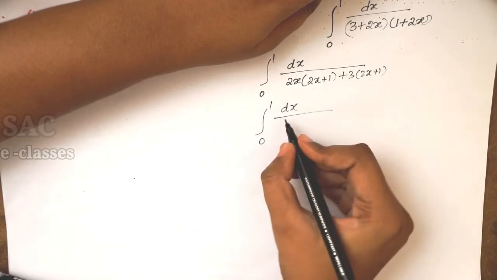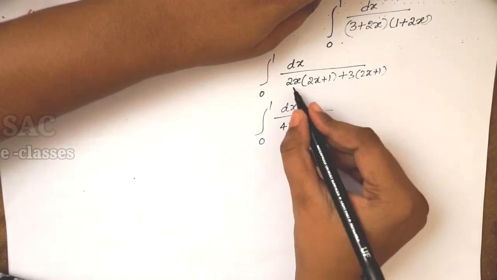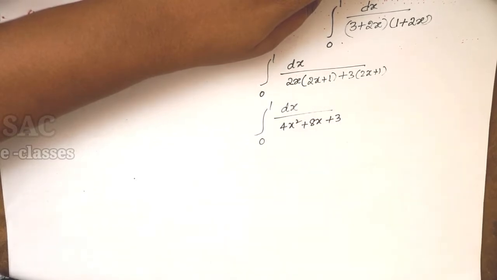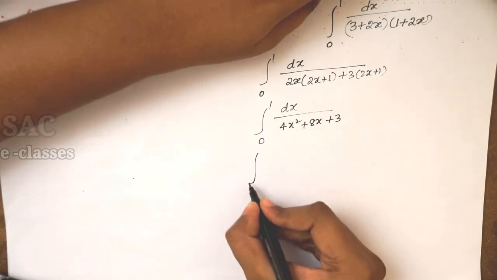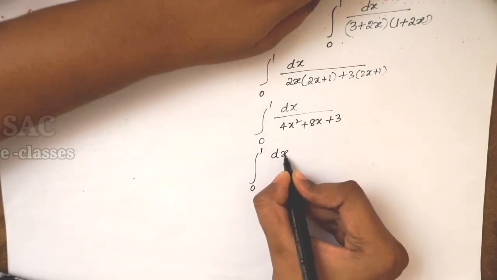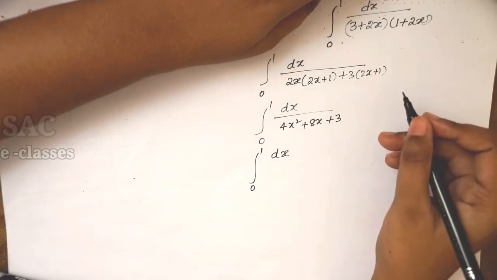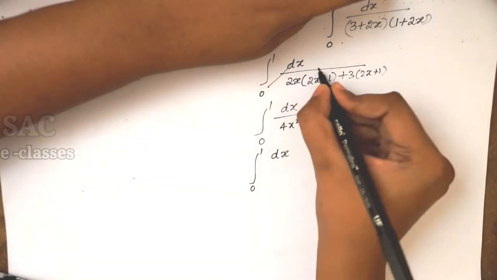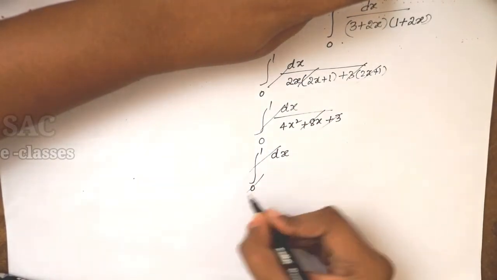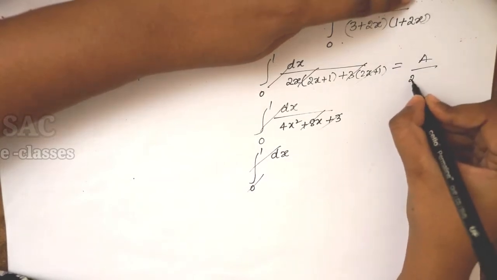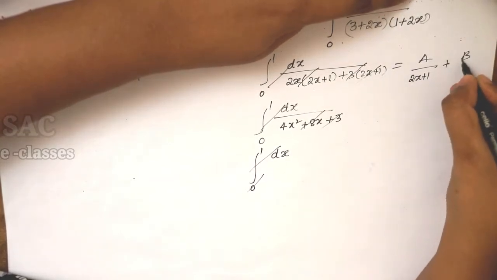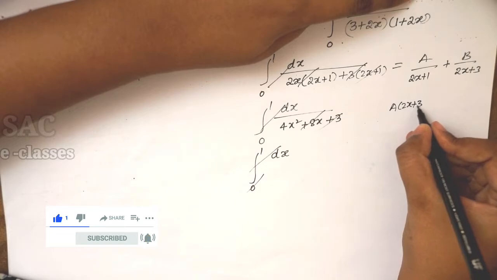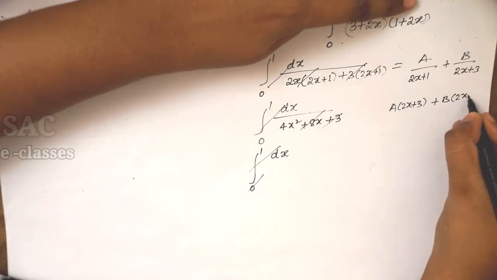The factors give 4x square plus 2x plus 6x, which is 8x plus 3. We can go for completing the square, or by using partial fractions we can also do it. So I am going to do partial fractions without converting. So a by 2x plus 1 plus b by 2x plus 3, giving a into 2x plus 3 plus b into 2x plus 1.